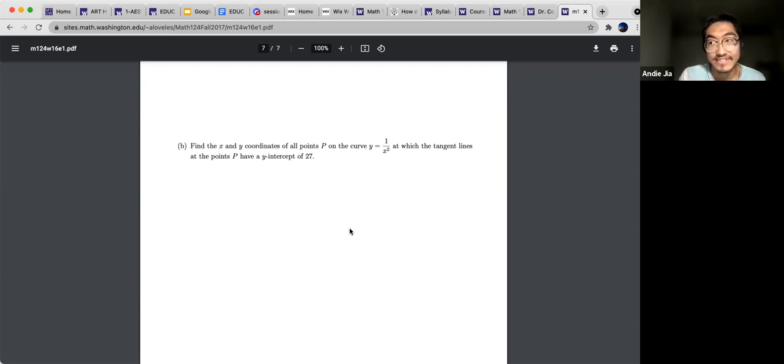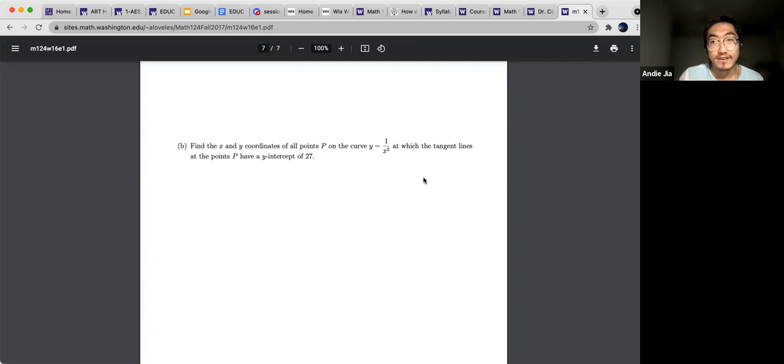It is -2 x to the -3, so it is -2 over x cubed. And you need 27 equal to f prime of a. The point P is on the curve, and you can find the equation of the tangent line.